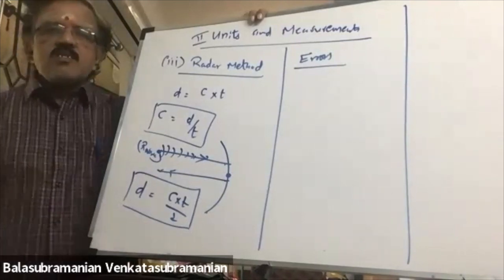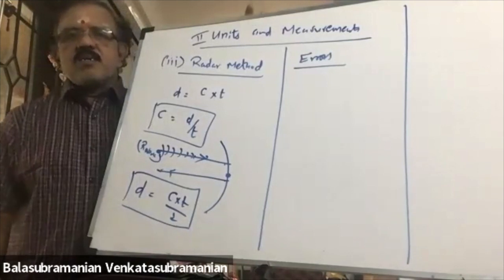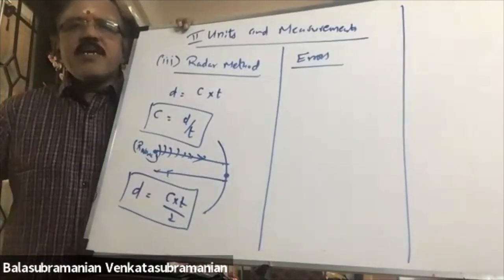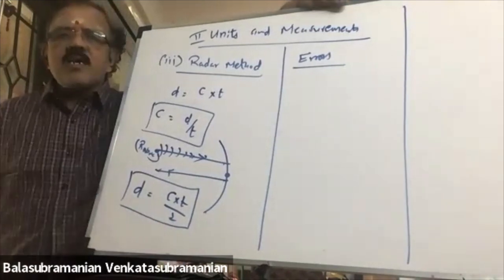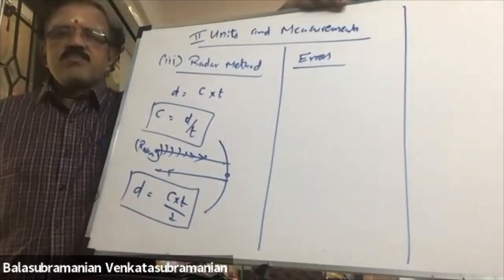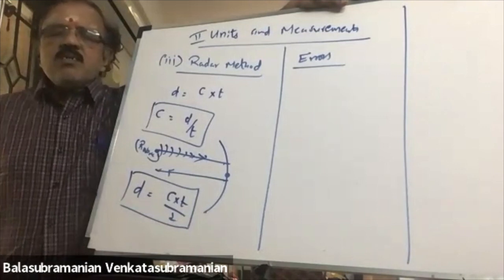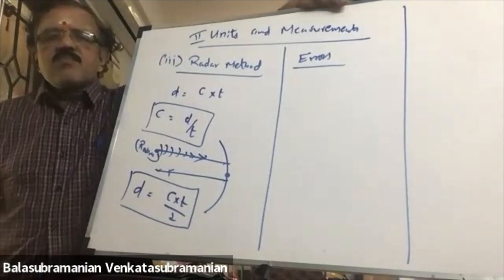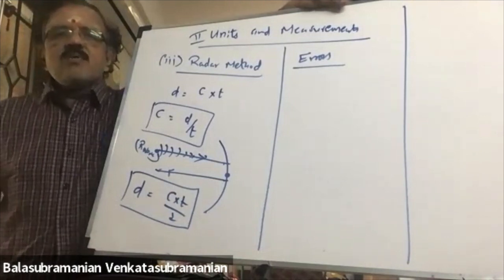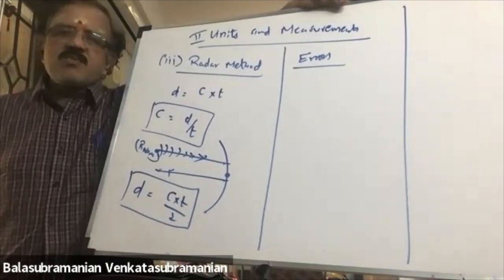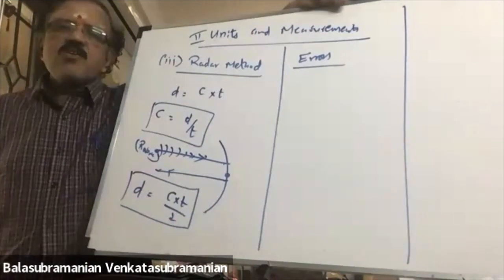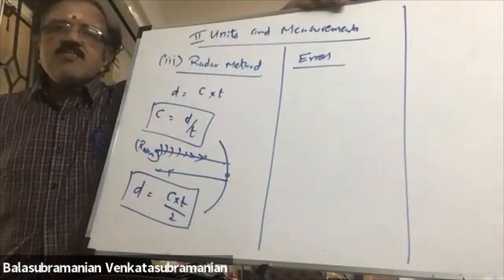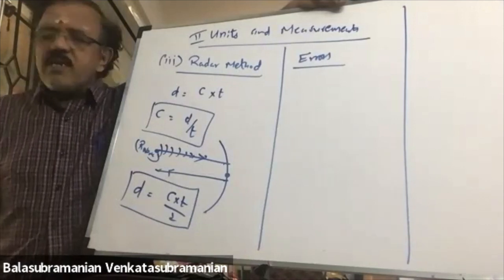Due to the surrounding atmosphere, you might get errors. So you cannot completely avoid them. No instrument is 100% efficient. Two types of errors only we are going to discuss here, where you can sometimes minimize the error. You cannot eliminate the error.